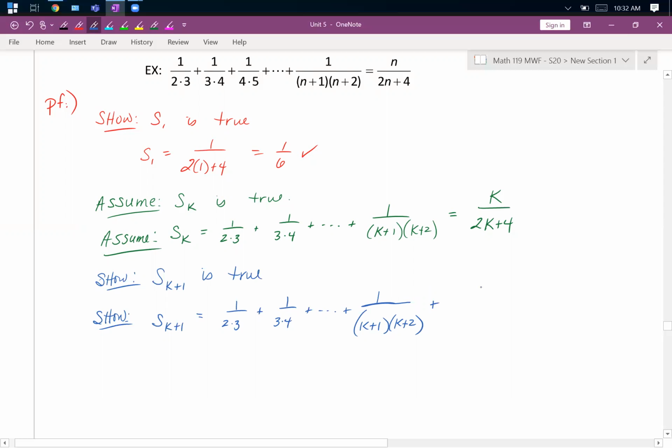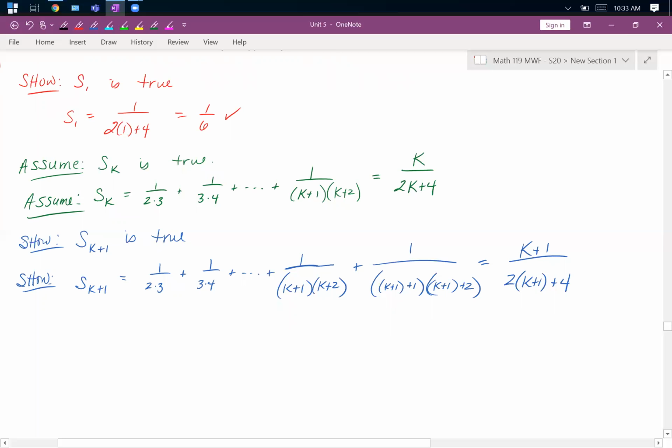Here's the k plus 1 term, right, because it's going to be k plus 1 plus 1 times k plus 1 plus 2, is equal to k plus 1 over 2 times k plus 1 plus 4.